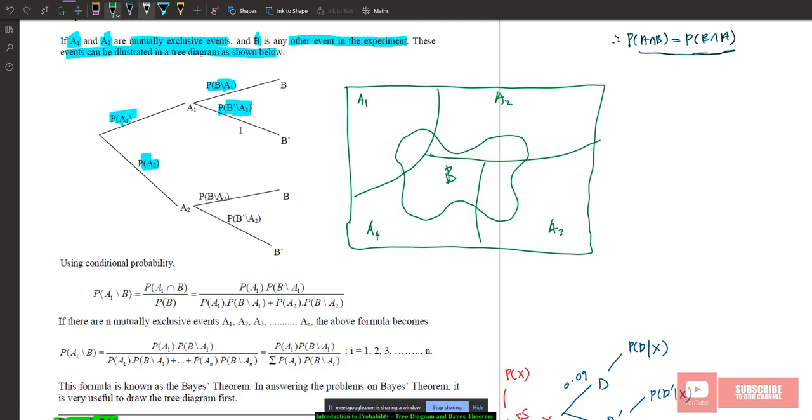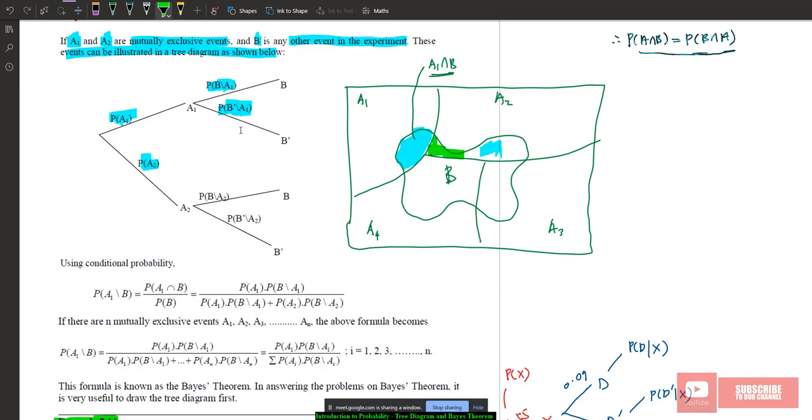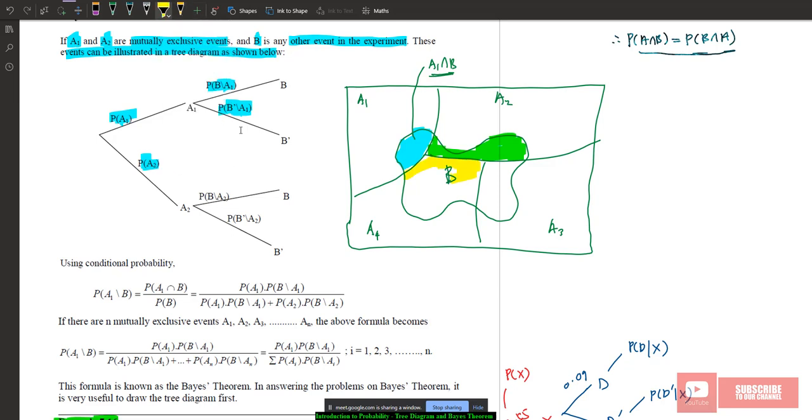If you can see here, this part is the intersection between A1 and B. This is the intersection between B and A2. And this one should be the intersection between B and A4.